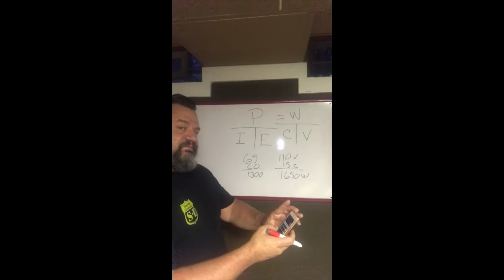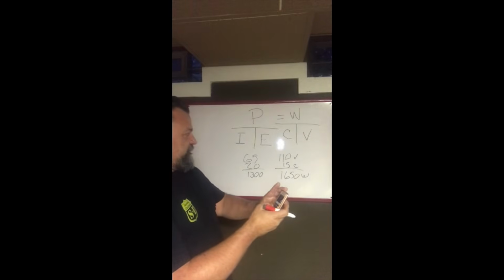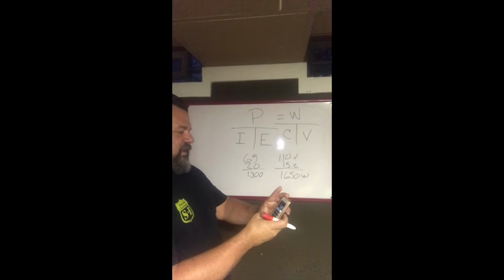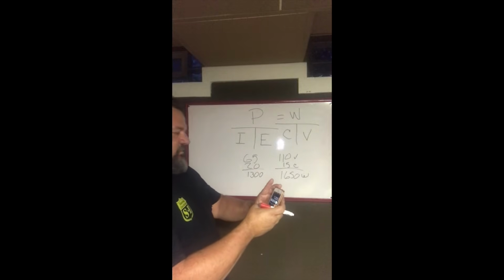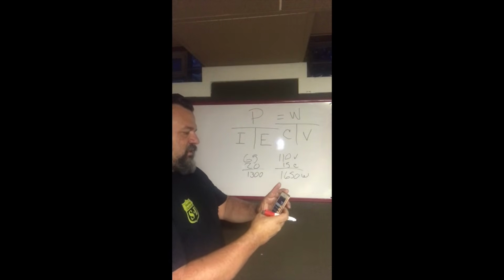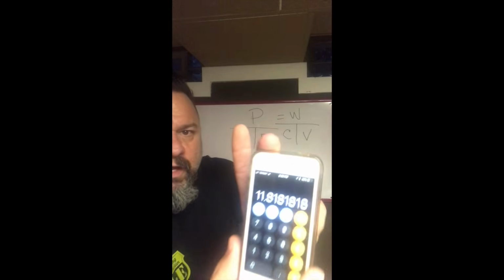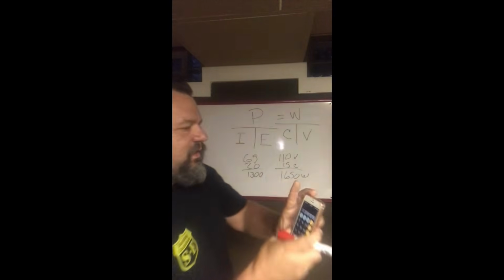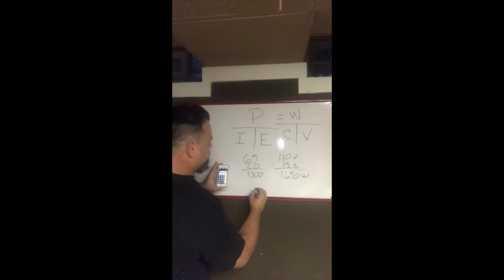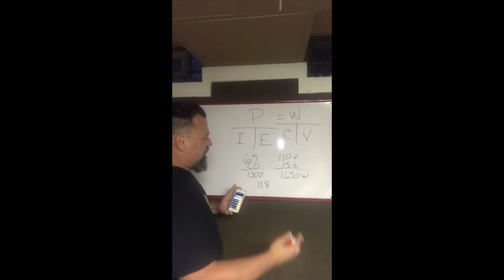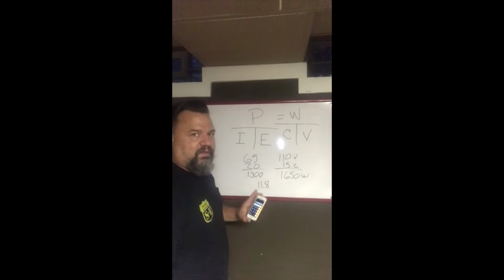I fudged that up. Okay, hang on. 1,300 watts divided by 110 equals 11.88. So that means that is 11.8 amps. Let's go ahead and call that 12.